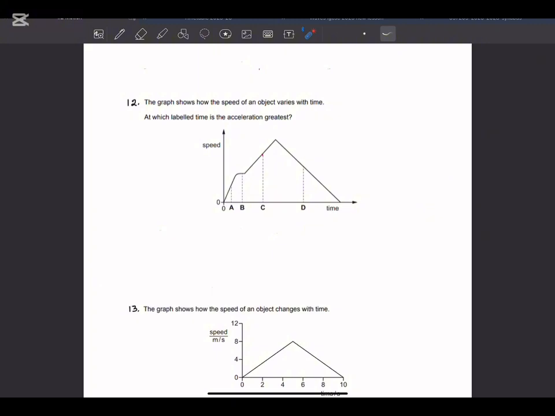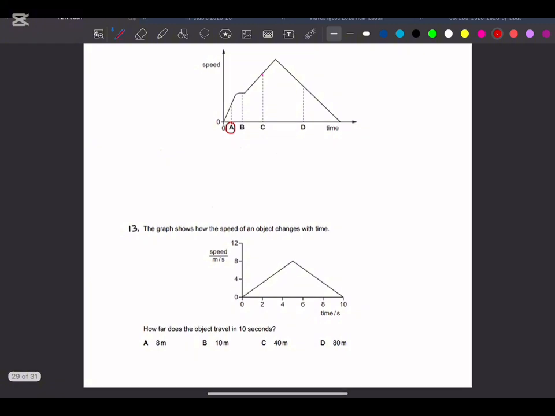So where you have the greatest slope, this is the area where you have the greatest slope, and you can see that section C or part C of the graph is not giving you the maximum or greatest acceleration. So the simple answer you have is section A. Be careful that you are going for the greatest slope. In section A you have the greatest slope, the rest are not.